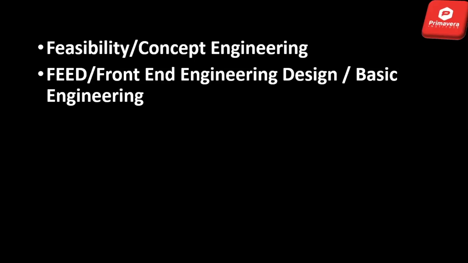If you anticipate that the project is going to give you benefits, then feasibility is done. The next document is front end engineering design, in which basic engineering will be conducted, involving a rough cost estimate and basic design layout. And then the third document is detailed engineering.